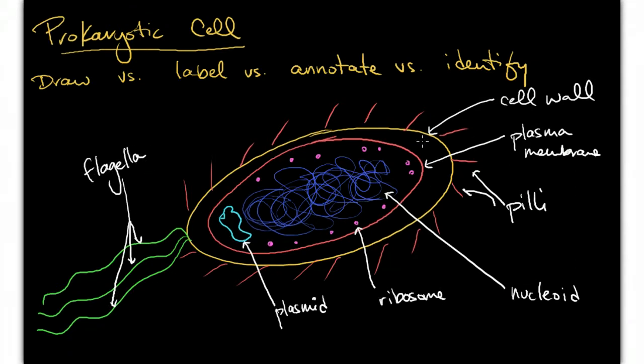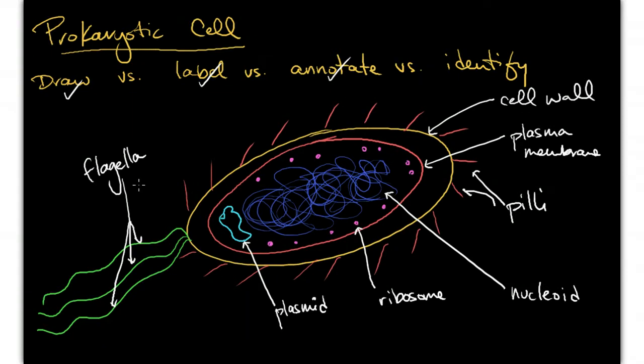So what I've done is drawn our prokaryotic cell. I labeled it, and what I talked about with each of these organelles, it would definitely be important for you to add if you were asked to annotate. And the identify would simply be if you were given an image of a prokaryotic cell, be able to identify these components of it.